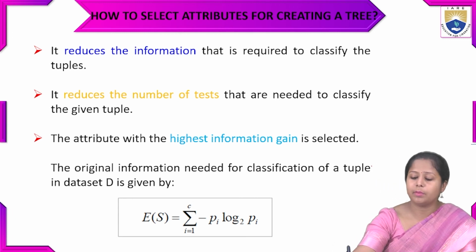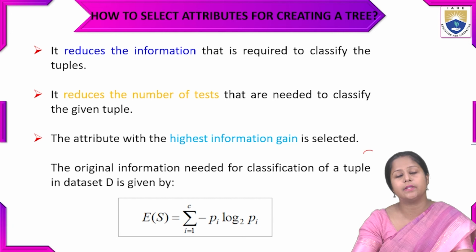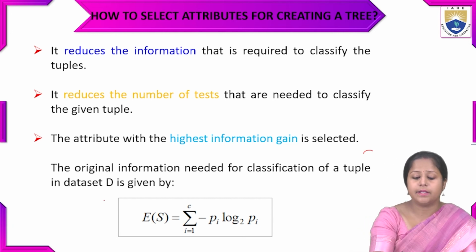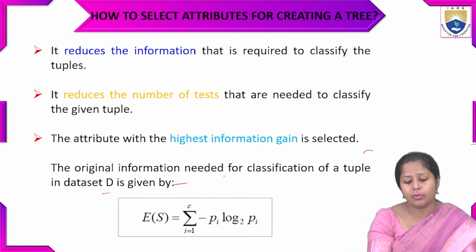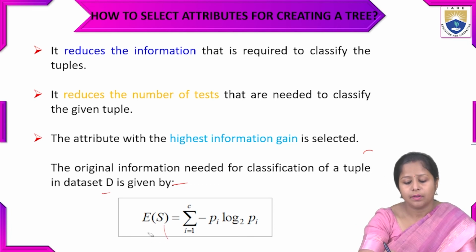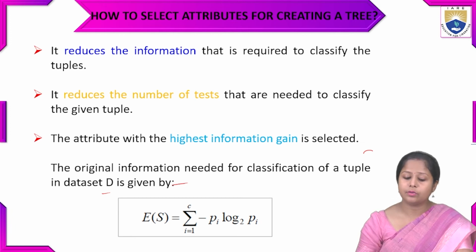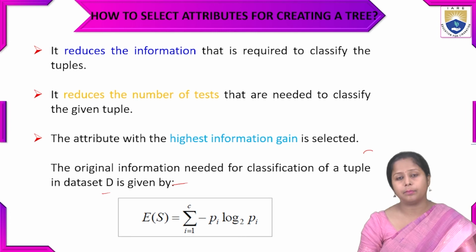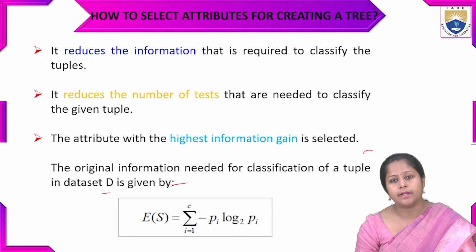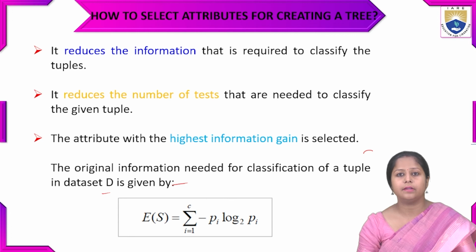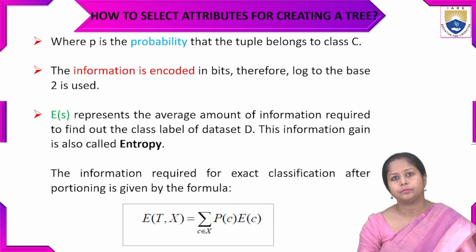The original information needed for classification of a tuple in the dataset D is given by the formula E(S), the entropy of S, equal to the summation from i equal to 1 to c of minus p_i log 2 p_i. By this formula we classify a tuple for the dataset D.